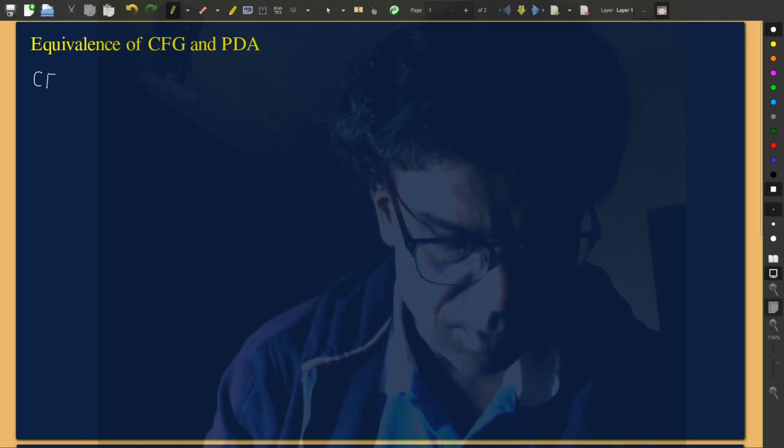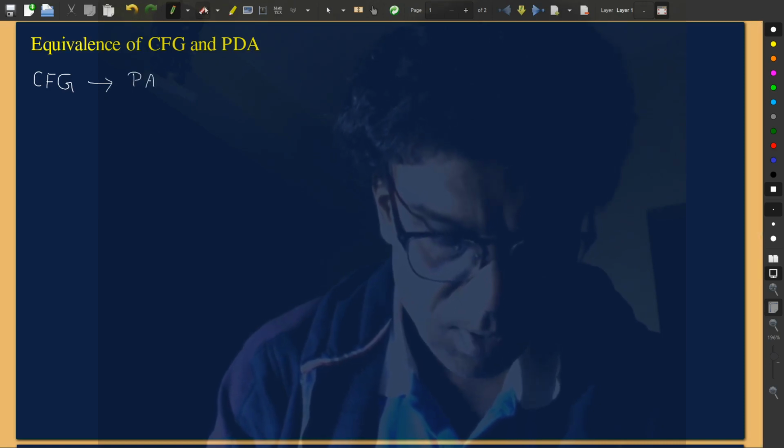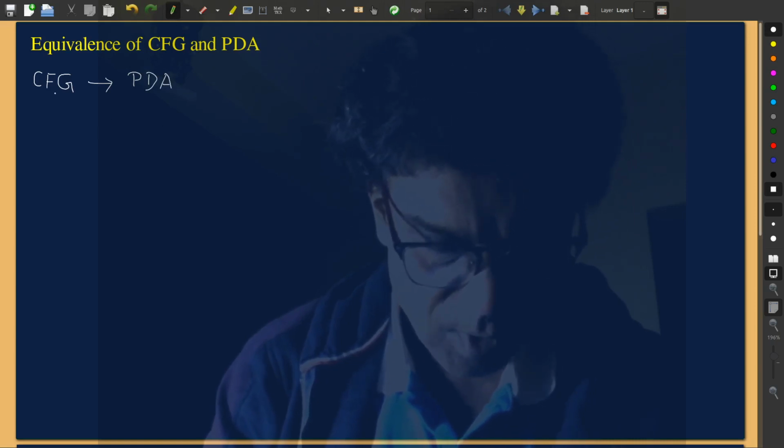So let us start with a slightly easier part. Given a context-free grammar, I want to generate a pushdown automaton. This process is fairly intuitive and straightforward.